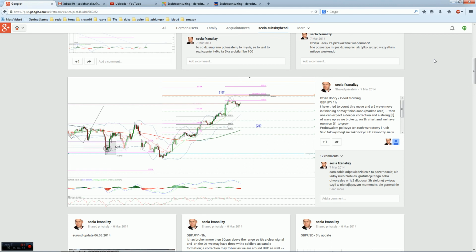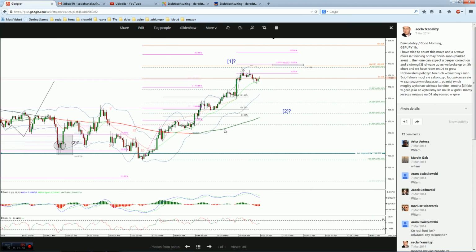Okay, Great Britain Pound, Japanese yen right now, and again, this was shown on Friday, last Friday, on the 7th of March in the morning, before 7 a.m. And I've shown you where the market may react, okay, where the market may reverse.